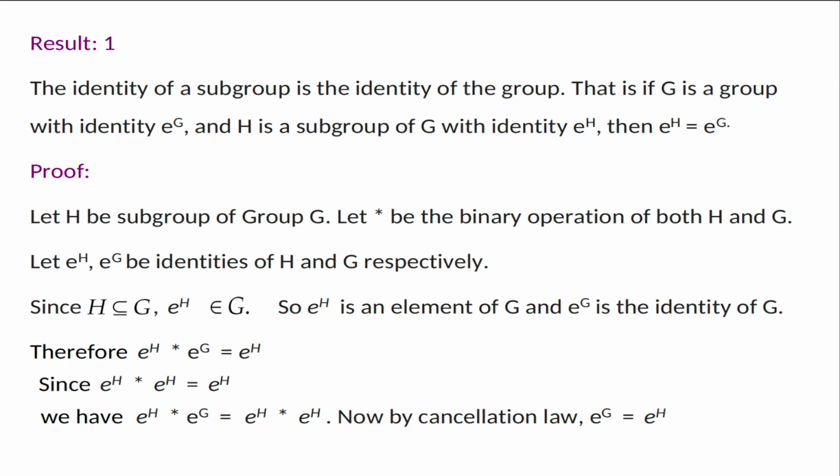That is, if G is a group with identity e and H is a subgroup of G with identity e_H, then e_H is equal to e. We can prove it as follows. Let H be a subgroup of group G, and let multiplication be the binary operation of both H and G.